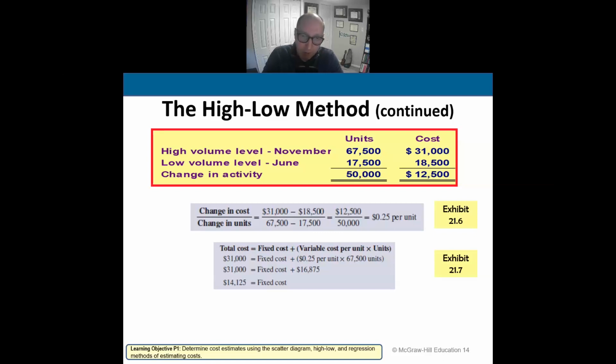So cost, 12,500, divided by units, 50,000, gives me a change in the cost per unit of 25 cents. 25 cents per unit.